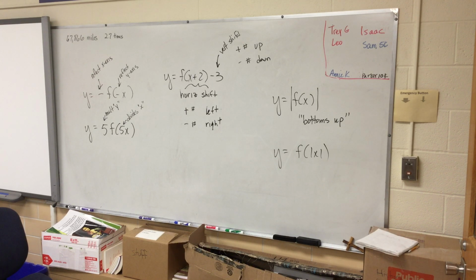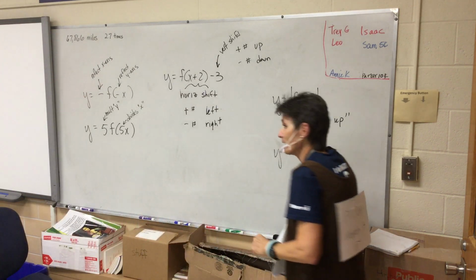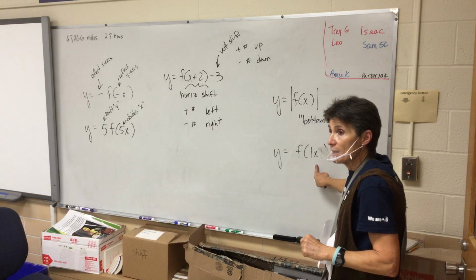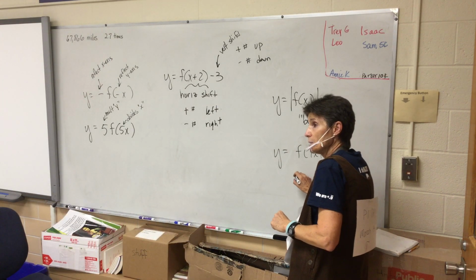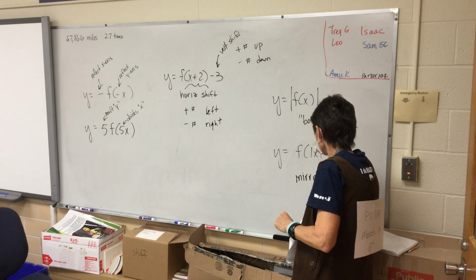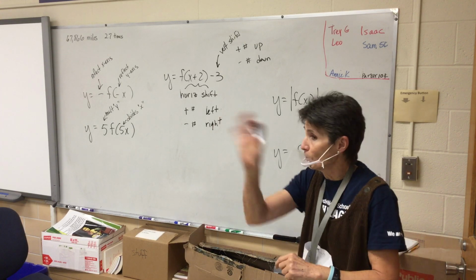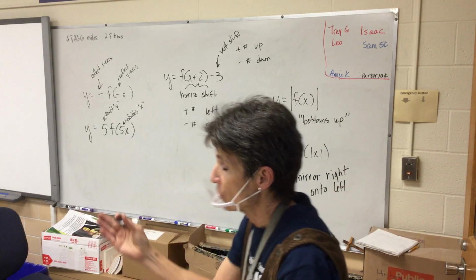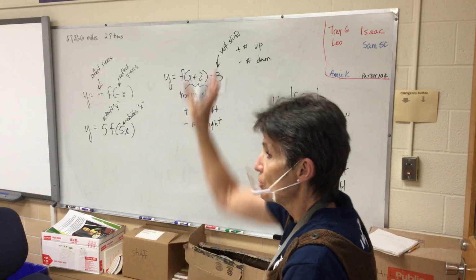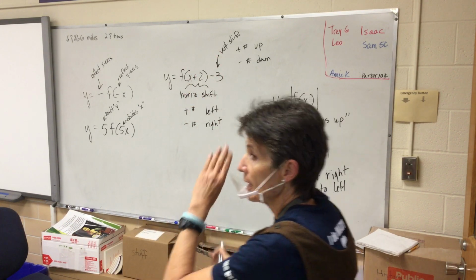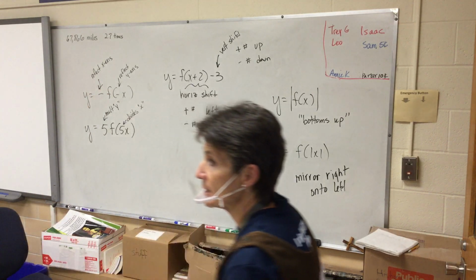And then, if it's just the absolute value of x, that's when you mirror the right onto the left. So again, it is not a full-fledged reflection. You're not flip-flopping sides. You're drawing the right and then mirroring it onto the left.